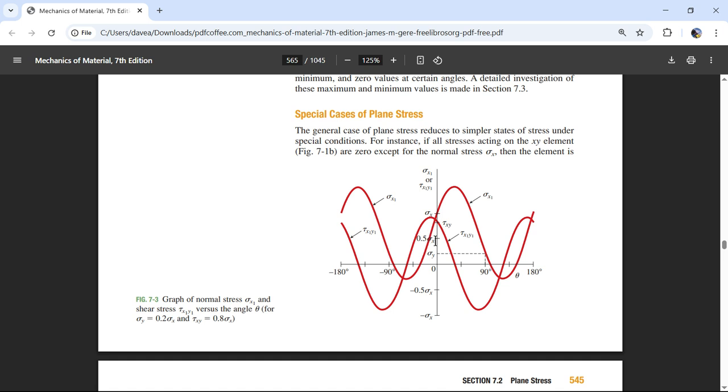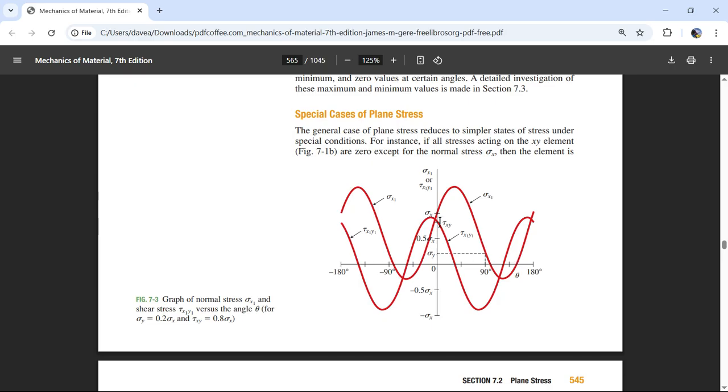And then you have a shear that's 80% of your normal stress. And what we see from this, at 0 degrees, we don't get a max. Here's our sigma x, and then our sigma y. I don't know why they do diagrams where they don't throw sigma y on here. I don't think it would be overly complex.